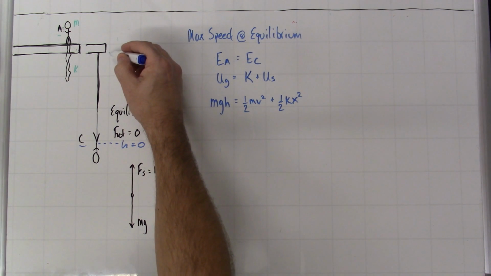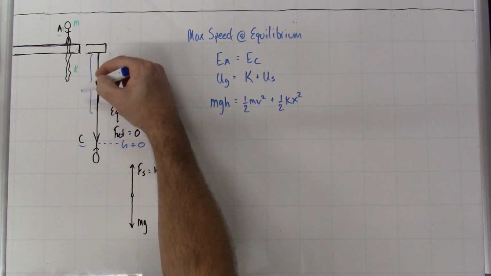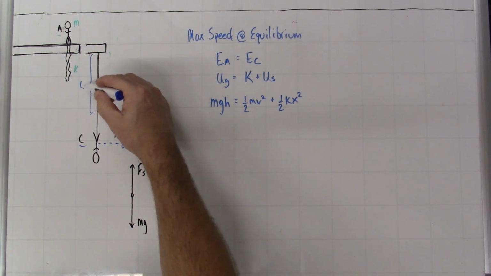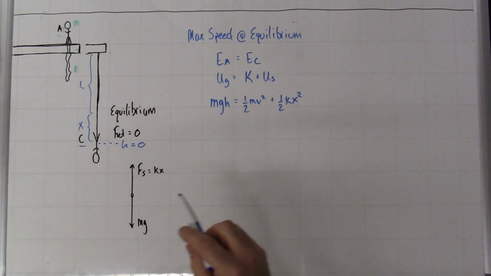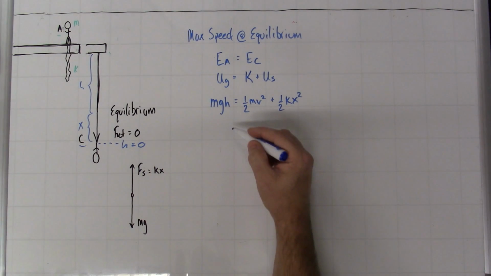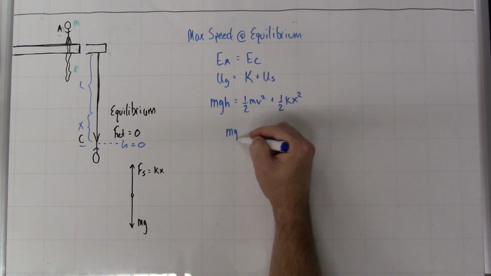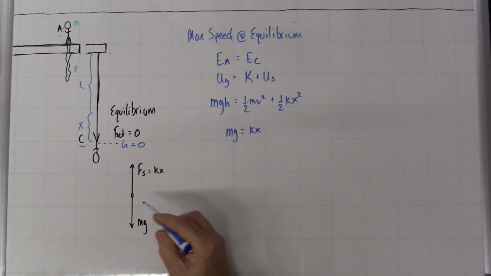Much like the other problem, where we saw that L was the rest length, we still have some stretch distance here, x. But this one's interesting because we can get a value for x here. So this time, I know that my mg is equal to kx in terms of the forces because it's balanced.